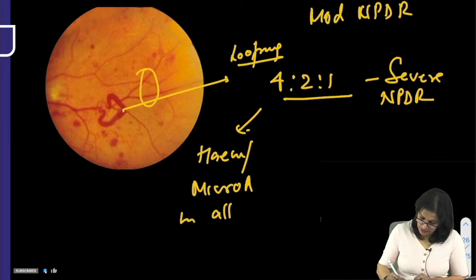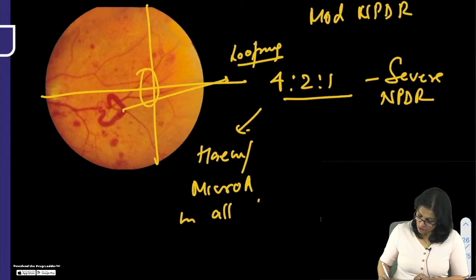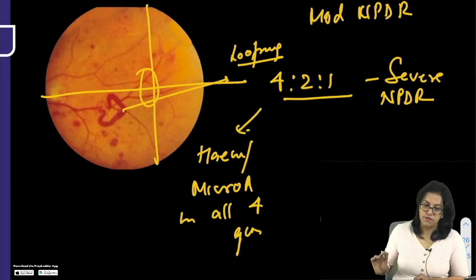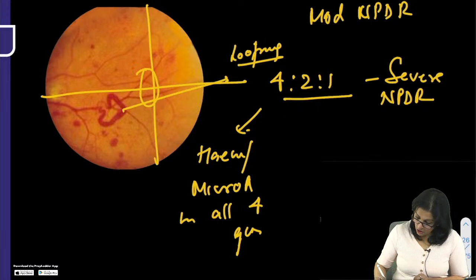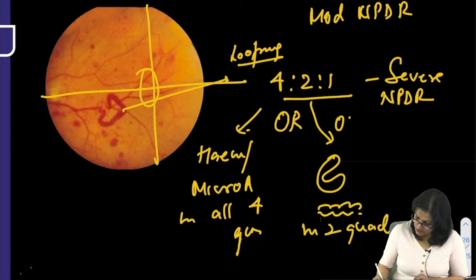So if this is the optic disc, you divide the whole retina like this through the disc. So in all 4 quadrants, these are the 4 quadrants of the retina. Or the second criterion, looping and beading in 2 quadrants. Or the third criterion, IRMA in 1 quadrant.